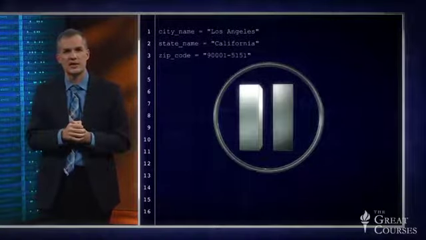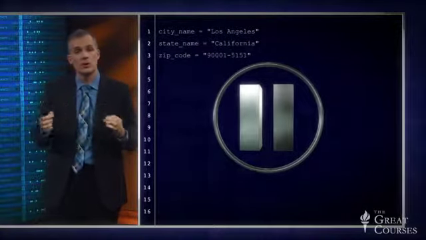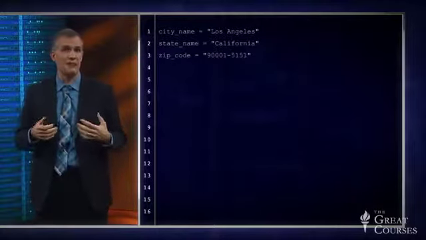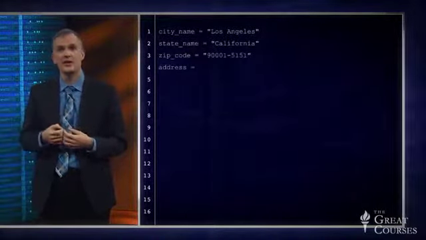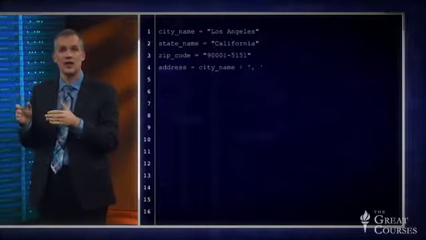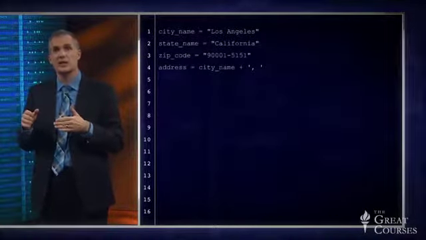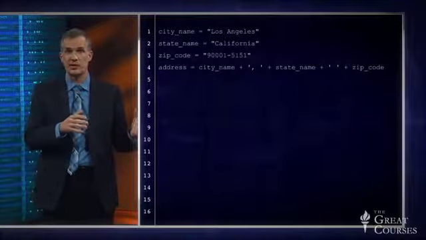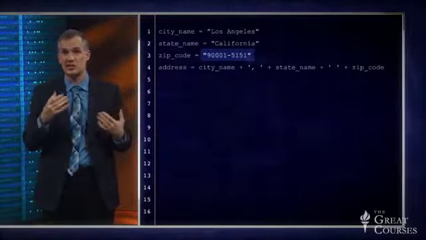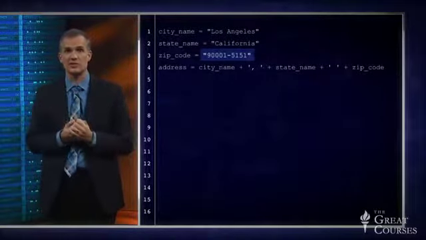How would you do this? Well, we could create a new variable named address, and we could assign it a string formed by concatenating the city name with a comma and a space, and the state name, then a space, then the zip code string. Note that the zip code has to be a string before we can add it onto the other strings in the address.